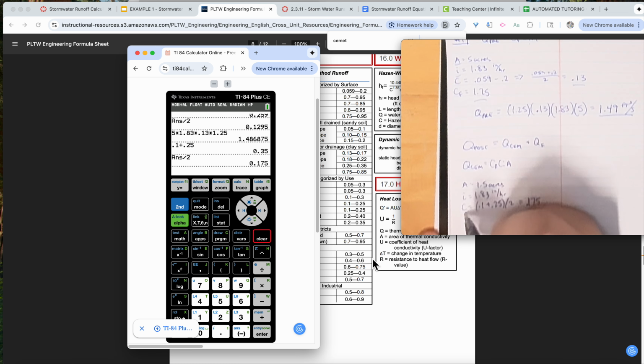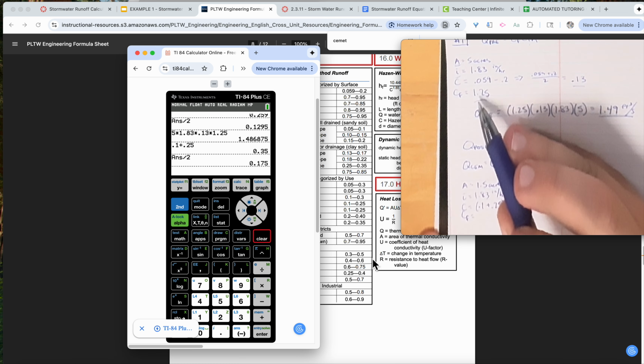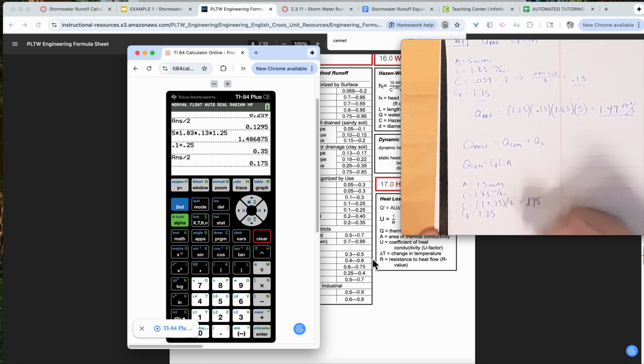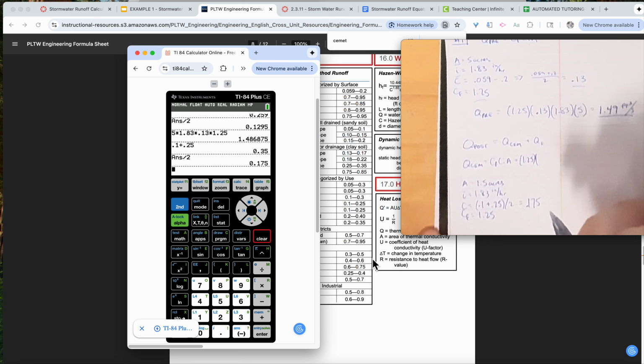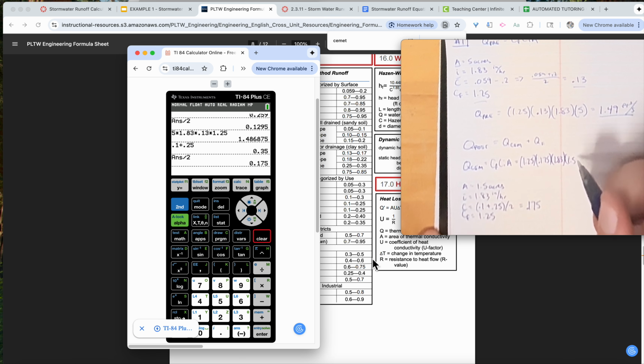And then finally, we've got our CF value, which is going to remain consistent throughout this problem because it is still a 100-year storm throughout, right? Same magnitude of storm. So now we've got all of these values, and we can plug them in. This is just 1.25 times 0.175 times 1.83 multiplied by 1.5.